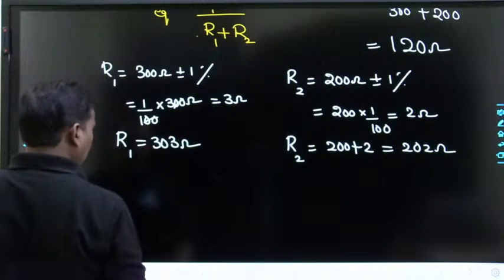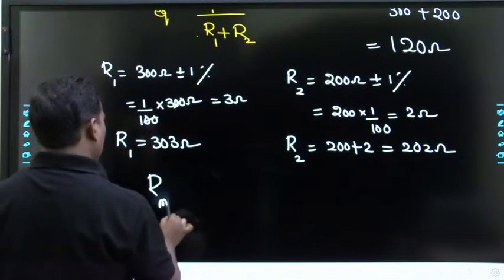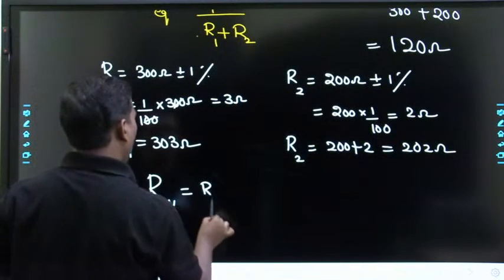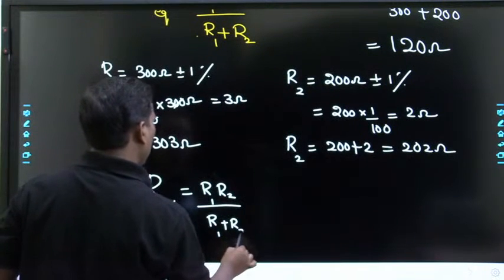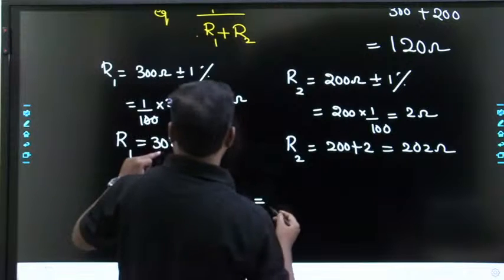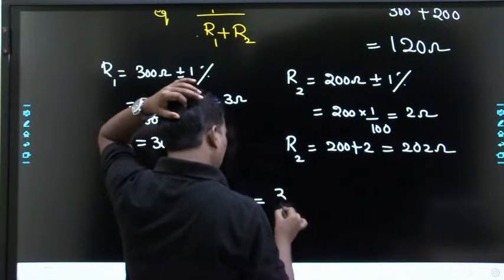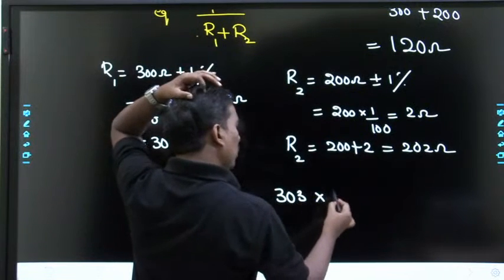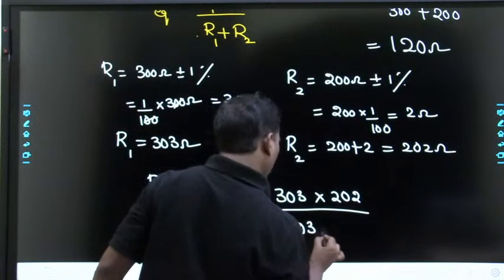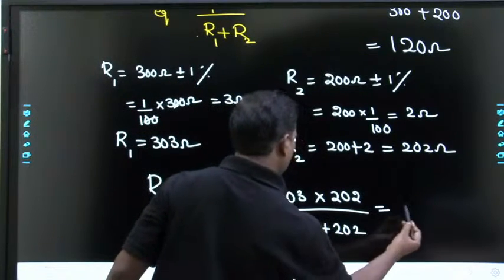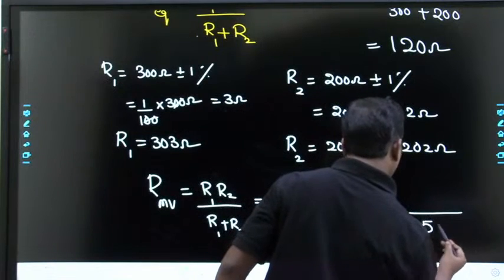So now what is the measured value? The measured value will be R1 R2 by R1 plus R2, including the errors. This is 303 into 202 by 303 plus 202. This is 505.